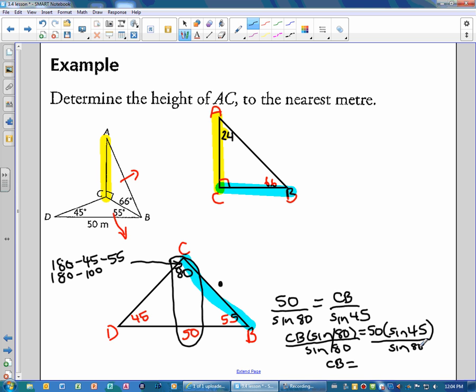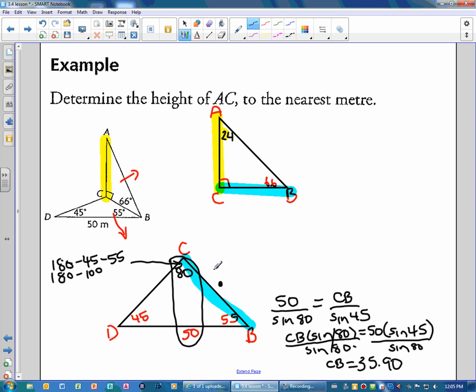I'm just going to use the calculator here on my desk. So 50 sine 45, press enter in between, divided by the sine of 80. I get 35.90. Now, I don't get exactly 35.9. I've got some decimals sitting on my calculator, which I'm going to keep because I want to use them in my calculation up here.